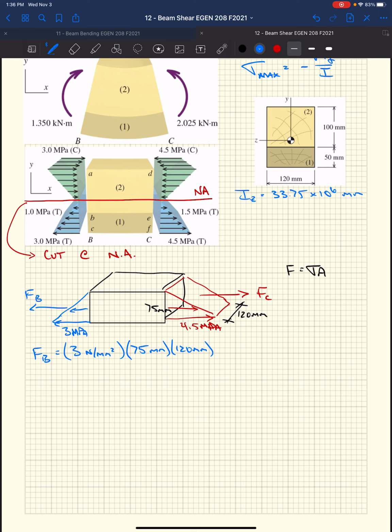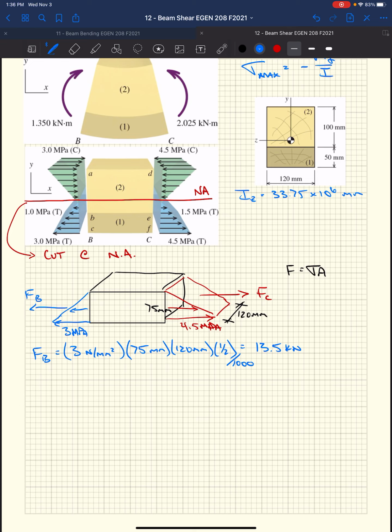Our stress is linear. It's a maximum at the base and 0 at the top, so we really have half, the area of the triangle. So it'd be 1/2 times that. We get 13.5 kilonewtons. We have to divide by 1,000 to get that.